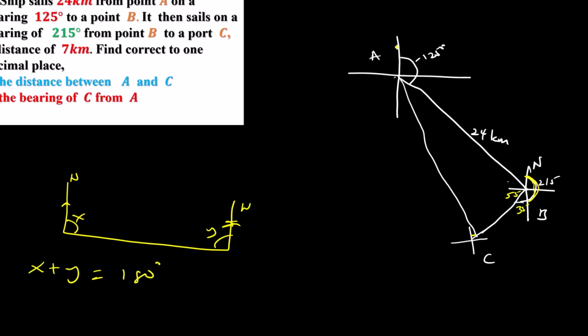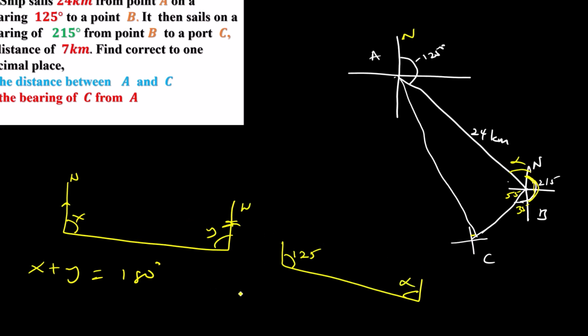So we can spot the same thing here. We have our north. So when you draw that, it's behaving like this. So we have 125. Then we have this side, which we don't know. Let's call it alpha.